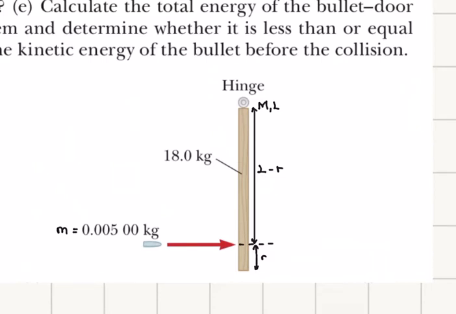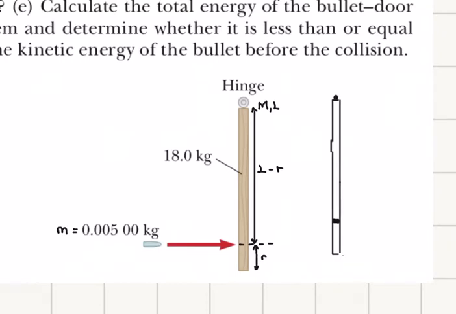All right, so what will happen in this situation? Because the bullet will get embedded inside, when it hits the door, it's going to get embedded inside. So let's draw this.